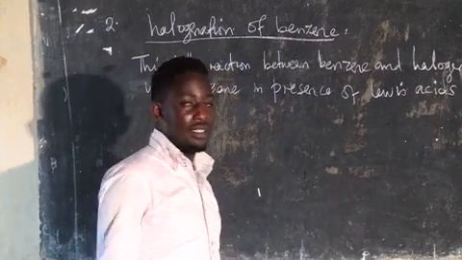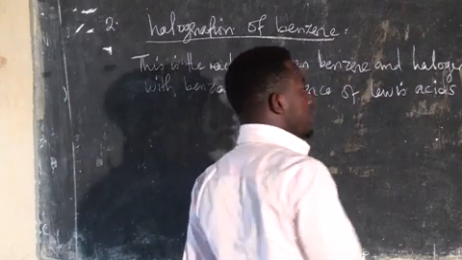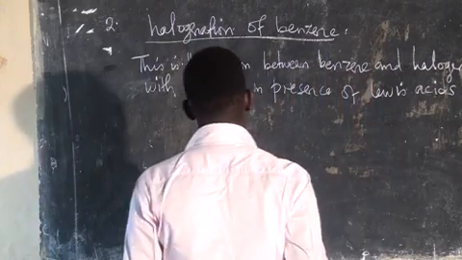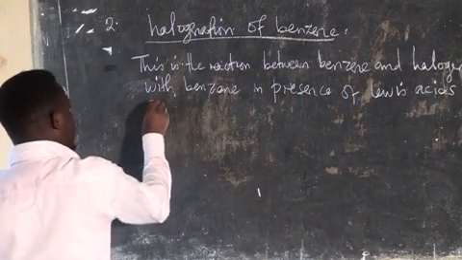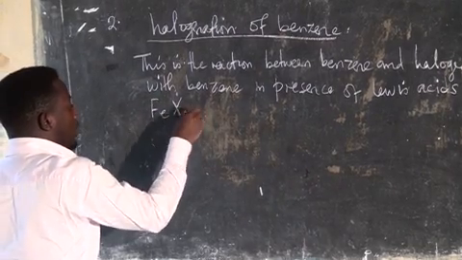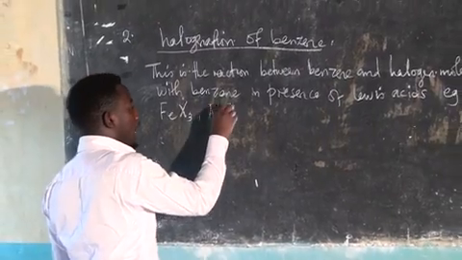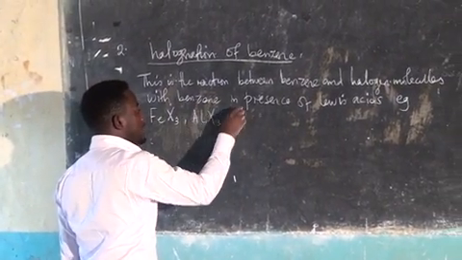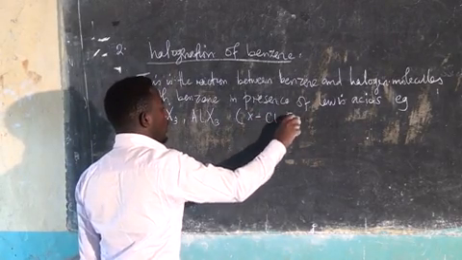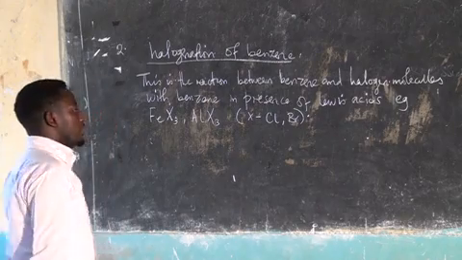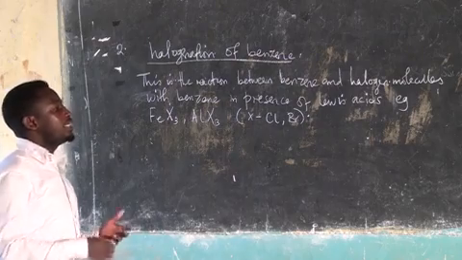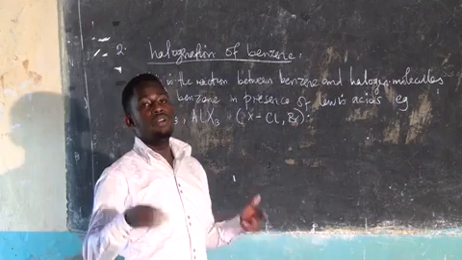The Lewis acids we are dealing with can be, e.g., iron 3 halide. We can even have aluminium halide, where X stands for chlorine or bromine. Sometimes it might be in the presence of only iron.